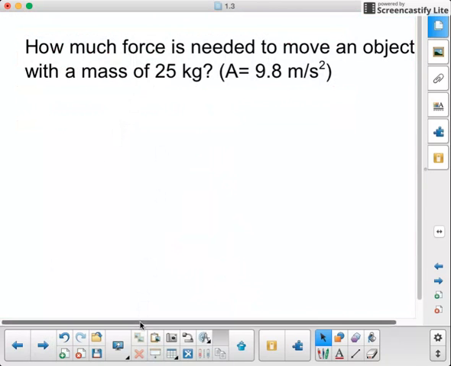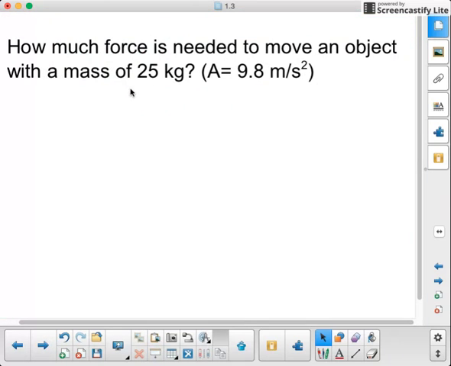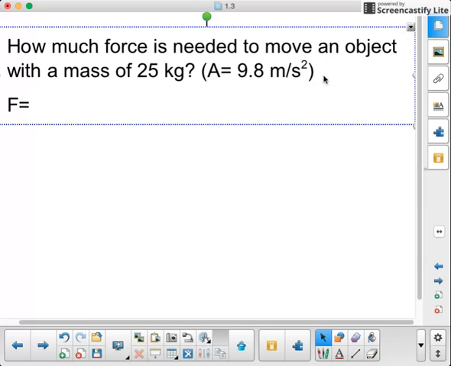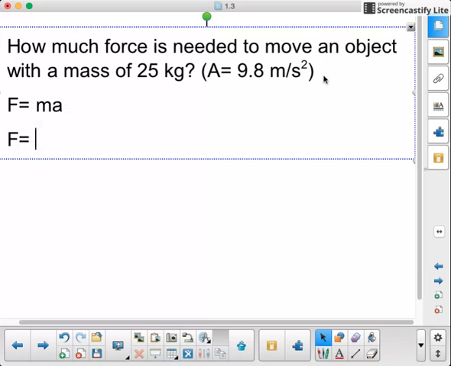And then a practice problem to use that formula, F equals ma. How much force is needed to move an object with a mass of 25 kilograms? Well, here's what we would do. F equals m times a, mass times acceleration. So F equals, mass is 25 kilograms, times acceleration due to gravity, 9.8 meters per second squared.